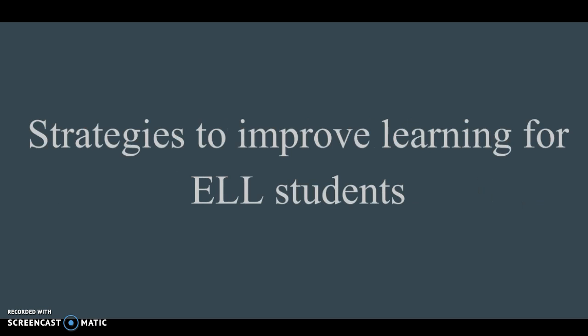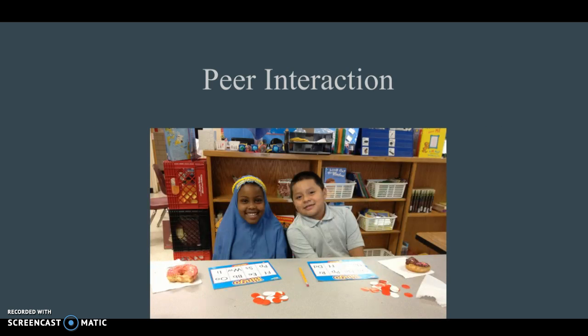The best support for students is to scaffold the instruction, even if they are at beginning levels of English proficiency. You should also encourage peer interaction. They need time and practice to continue to speak English, and you should guide lessons to be communicative and discussion-based for all students.